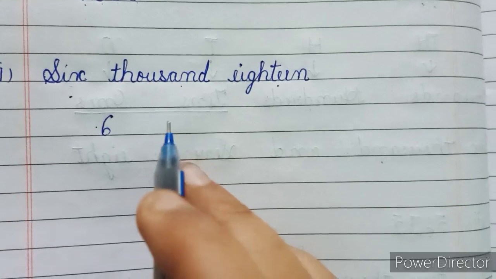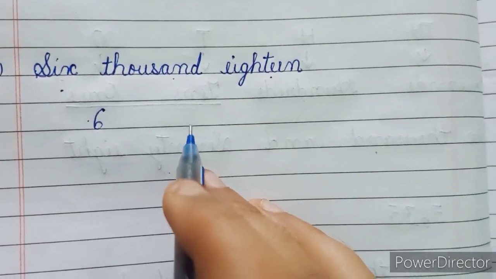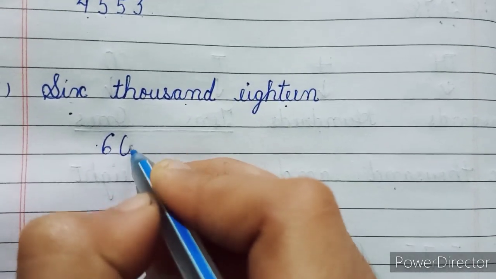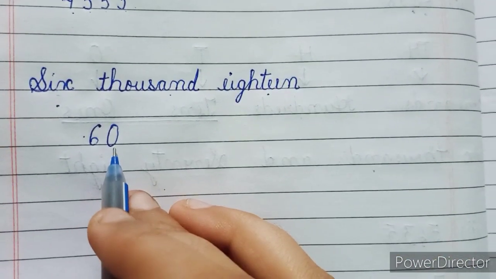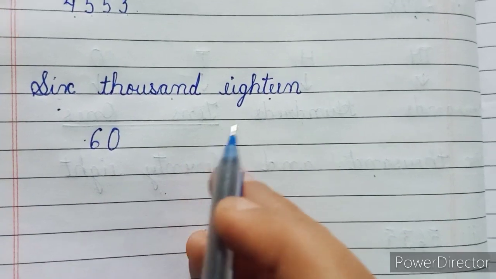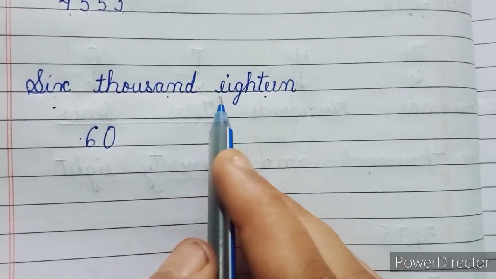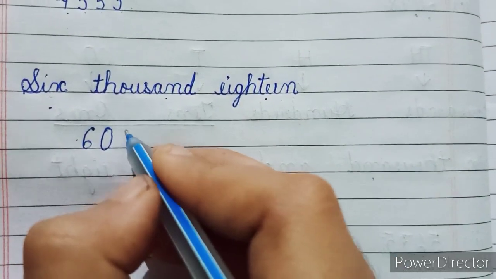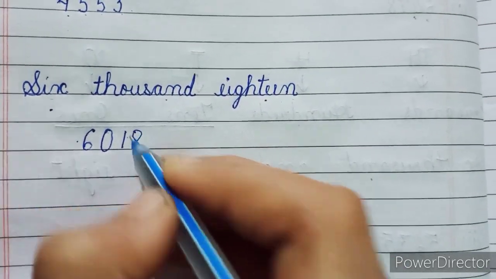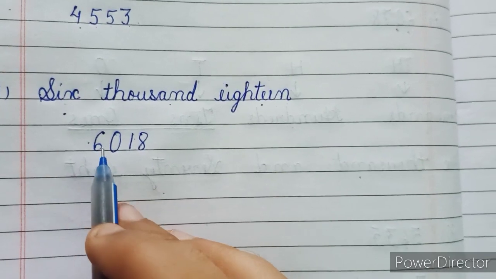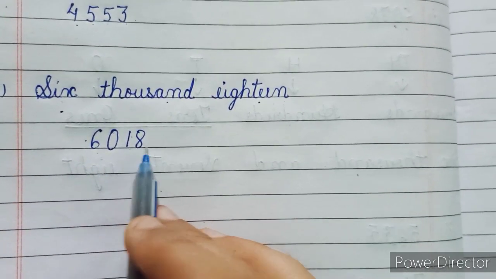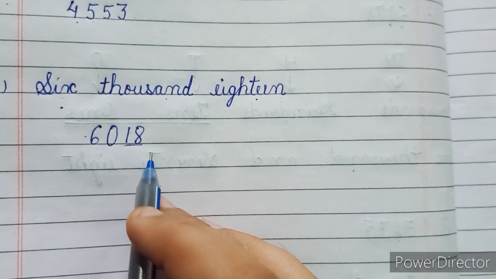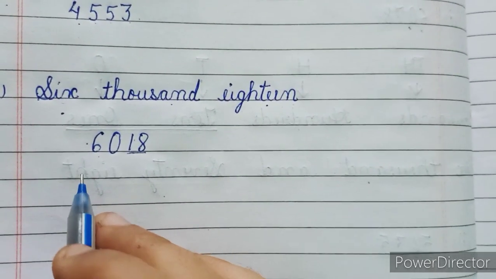If a number is not written in a place, then we put 0 in that place. Clear, students? So you put 0 here. Okay? Now it is written 18. So now we will write 18 here. That is tens and ones together. Is that clear, students? So read it.